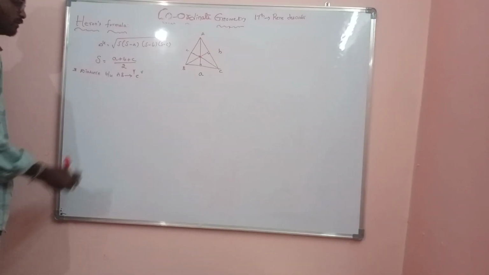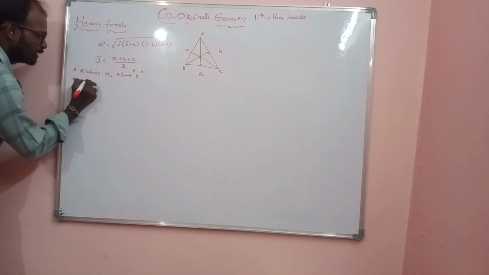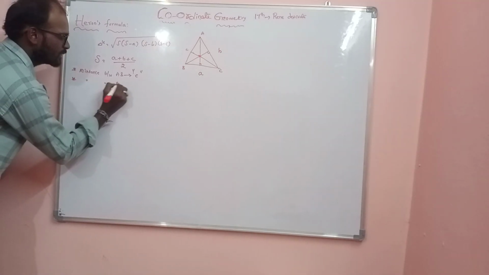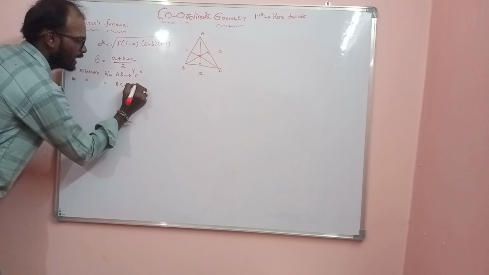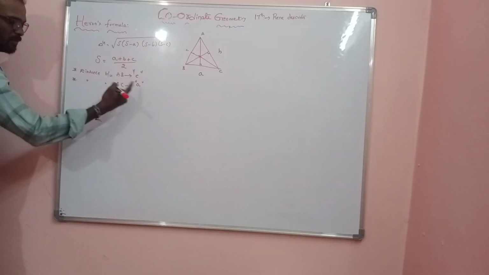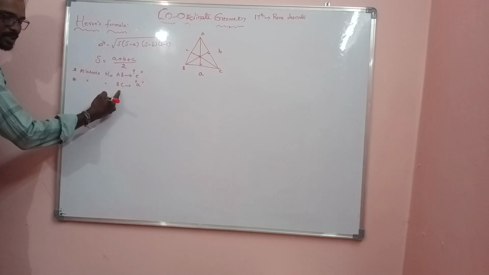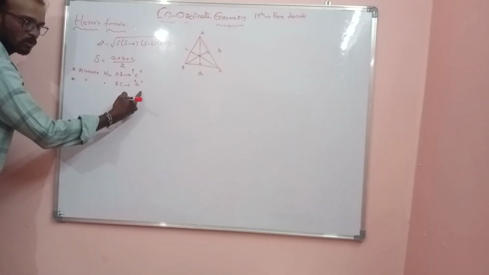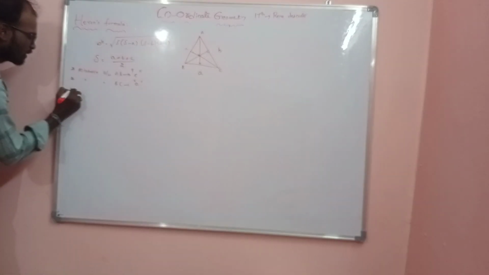Next, distance between BC, you get the value a.